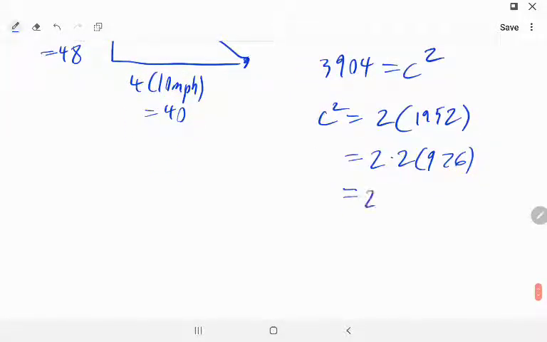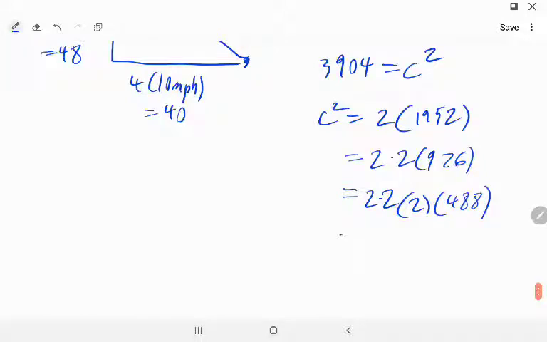Then that's going to be 2 times 2 times 2 times 488.